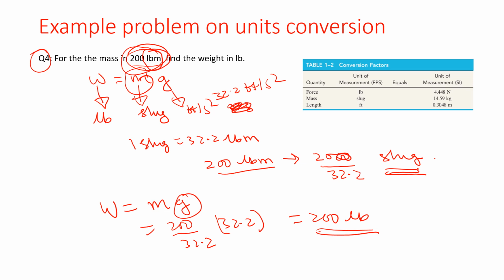You may be thinking, how is it the same? Is 200 pound mass the same as 200 pound? See, the value of acceleration due to gravity may change. If you go to the moon, the value of g won't be 32.2, it's going to be different. So it's not always the same value. So the pound mass and the weight will not always be the same, but in this case it turns out to be the same.